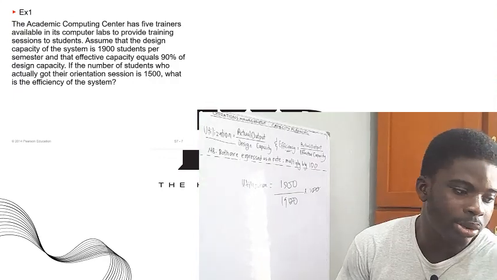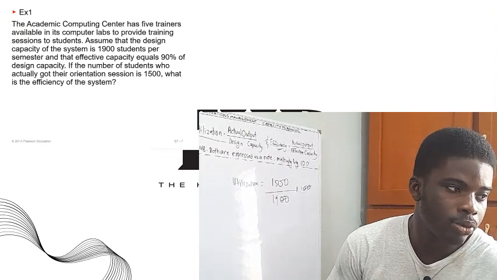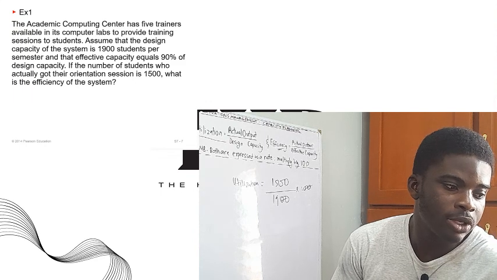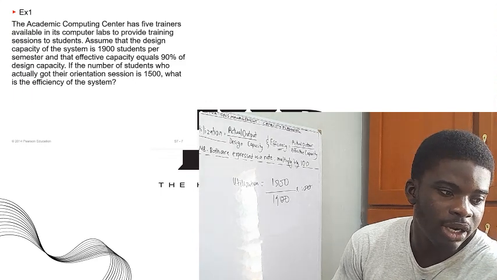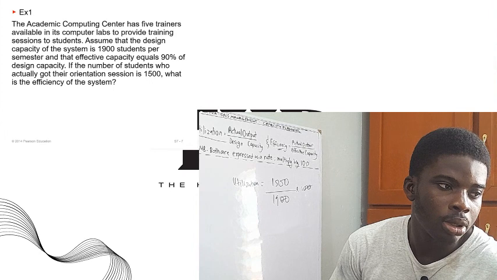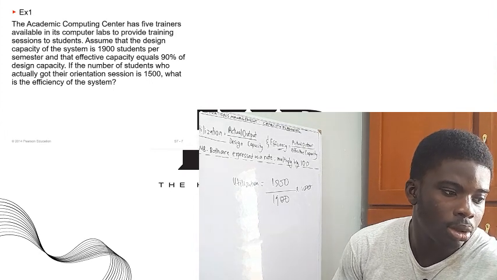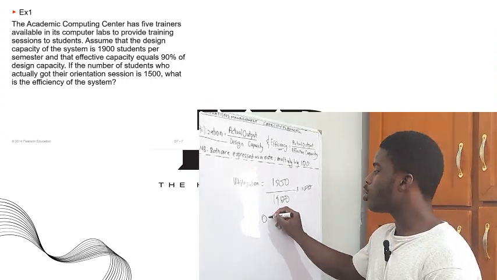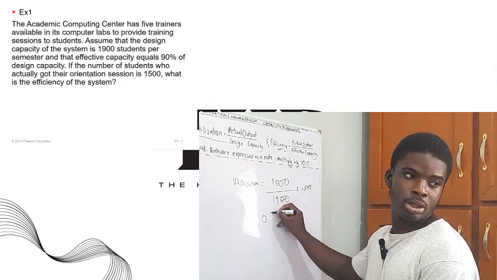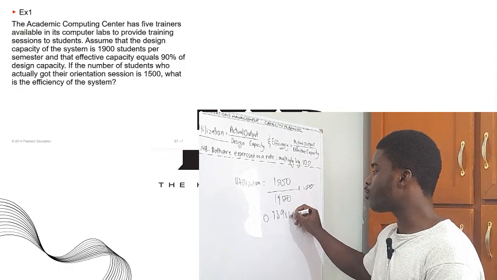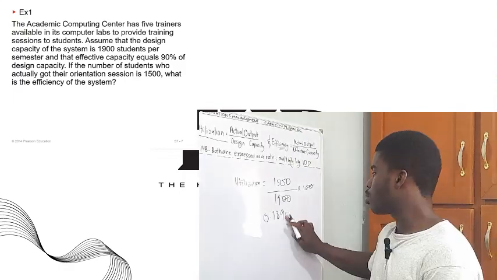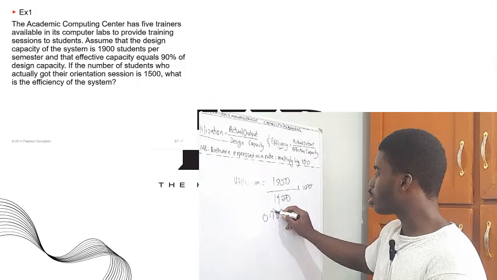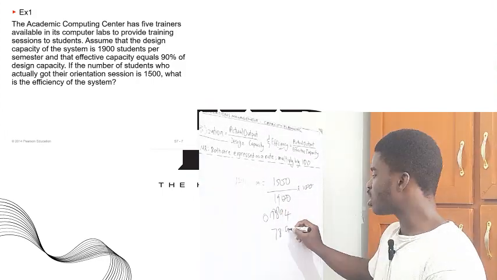So you know the calculator now. 1500 divided by 1900 gives you 0.7894. Times 100 will be 78.94%.